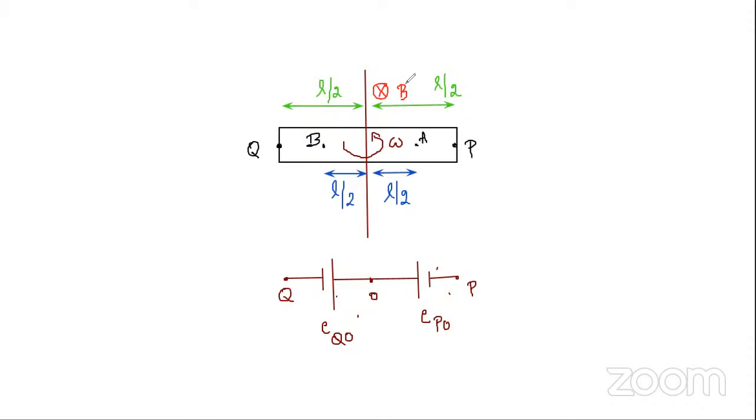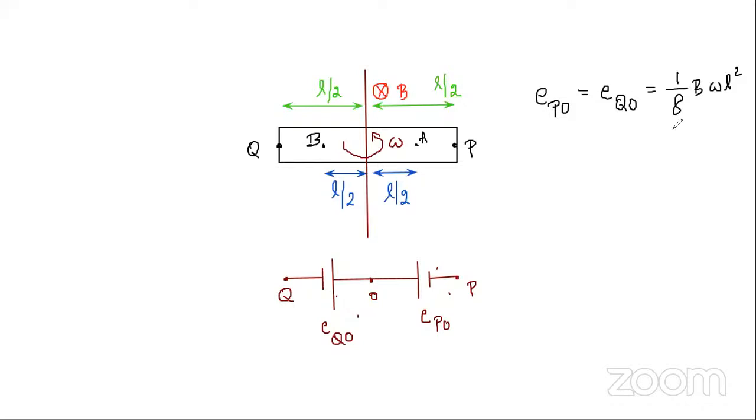Now we can write the EMF values. EPO is equal to EQO, which will be equal to 1/8 B omega L square. So both are the same. EPO equal to EQO equal to 1/8 B omega L square.